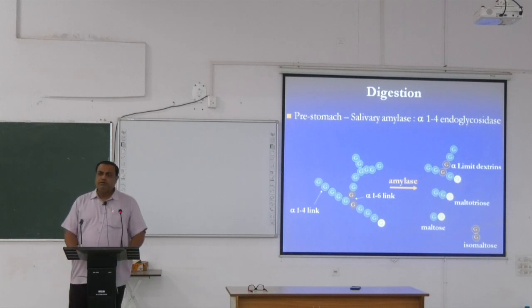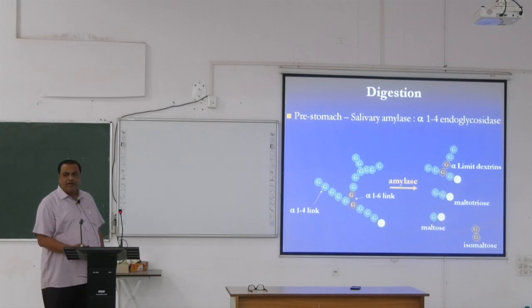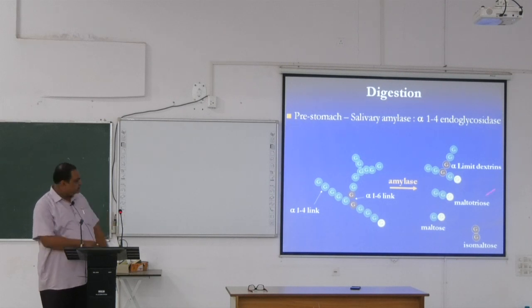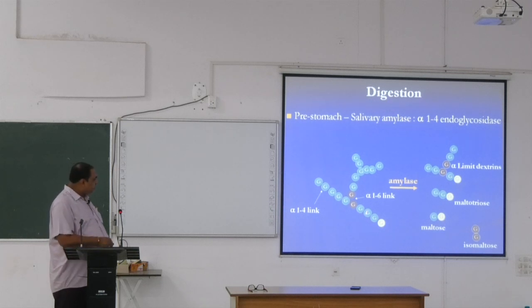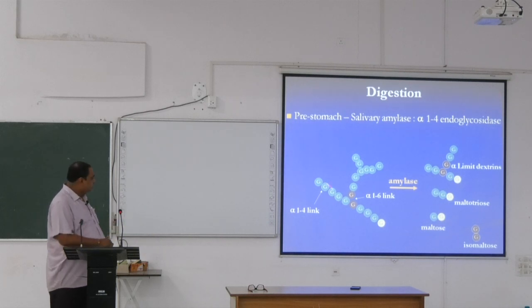Isomaltose, the linkage between two glucose molecules, alpha 1,6, is produced from the branch point of the amylopectin and glycogen. Here, the branch point produces isomaltose. Maltose has a reducing end. It has got two ends.